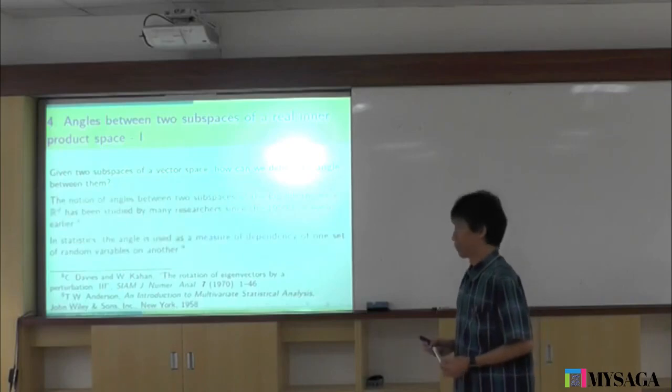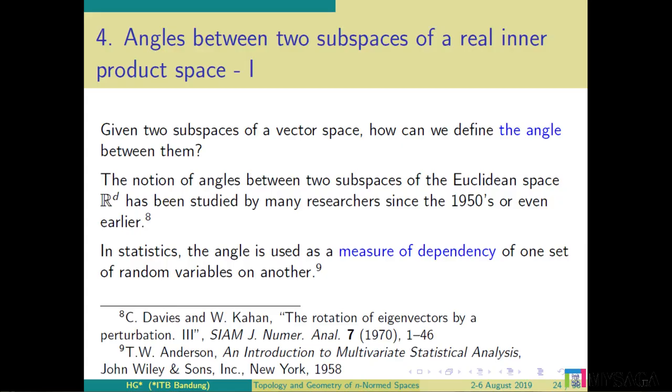We know that the notion of angles between two subspaces of the Euclidean space has been studied by many researchers since the 1950s, and in statistics, for instance, the angle is used as a measure of dependency of one set of random variables on another.